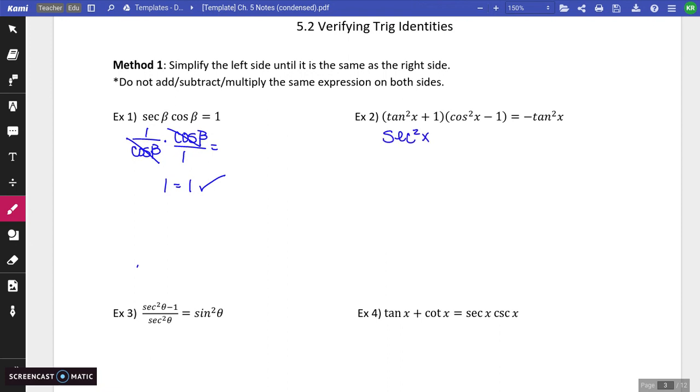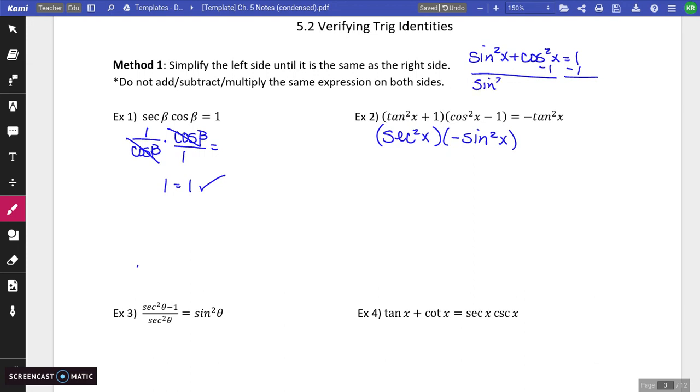And then cosine squared x minus 1 is going to equal negative sine squared x. If you're not sure where I got that negative sine squared, go back to your Pythagorean identity, sine squared plus cosine squared equals 1. So for cosine squared minus 1, that would mean subtracting the 1 from both sides.